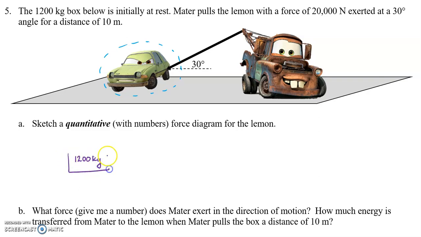And then I need to draw the appropriate forces on it, so we know we have gravity pulling it down. We have the ground pushing it up, but then we have this rope here pulling at an angle. So I want to break that into the y component, and I want to break that into the x component.